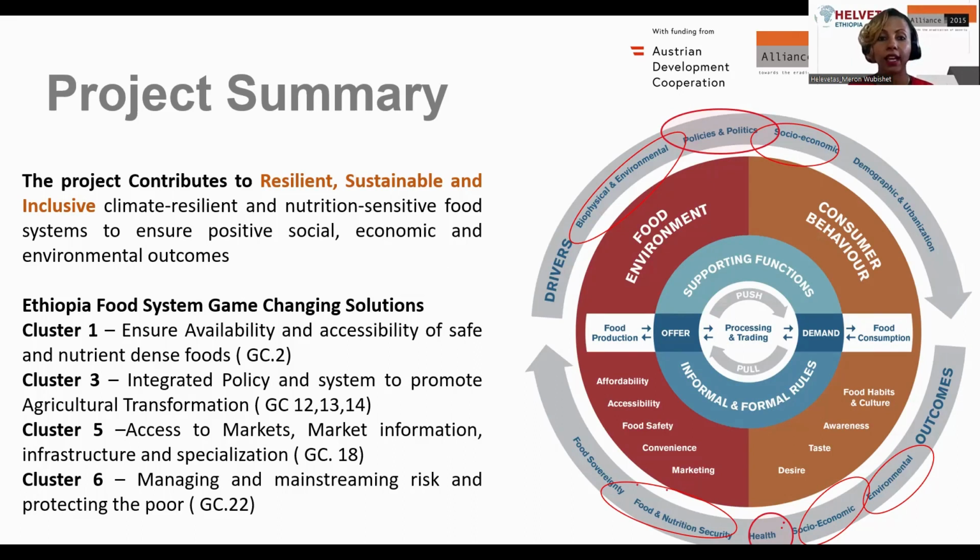As you see in the slide, cluster 1, cluster 3, cluster 5, and 6 are food availability, accessibility, integrated policy system to promote agricultural transformation, access to markets, and managing and mainstreaming risk and protecting the poor. These components are already incorporated, or we tried to address them, in the project, even though the food system is a new thing in Ethiopia.